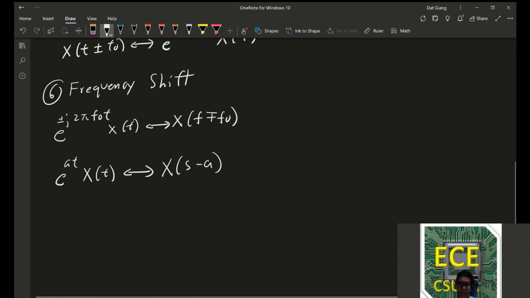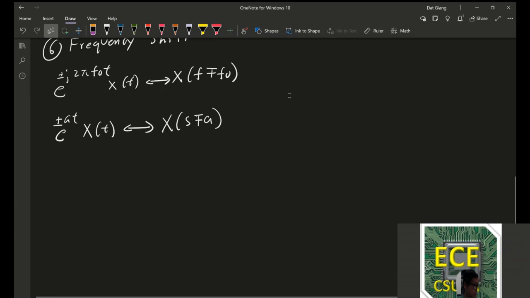Exactly the same, if anything. If we wanted to keep it general, x of t times e to the plus or minus at becomes X of s minus or plus a.